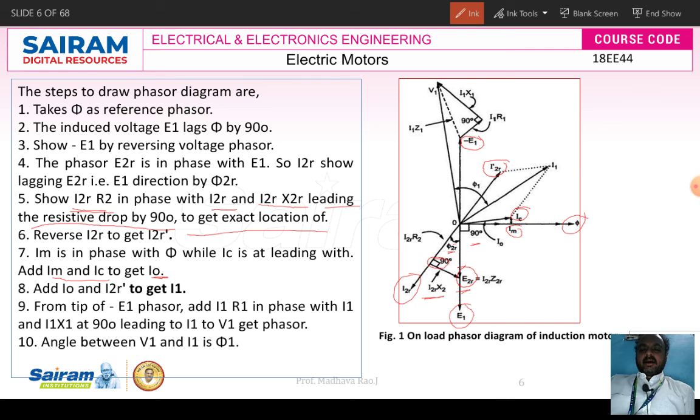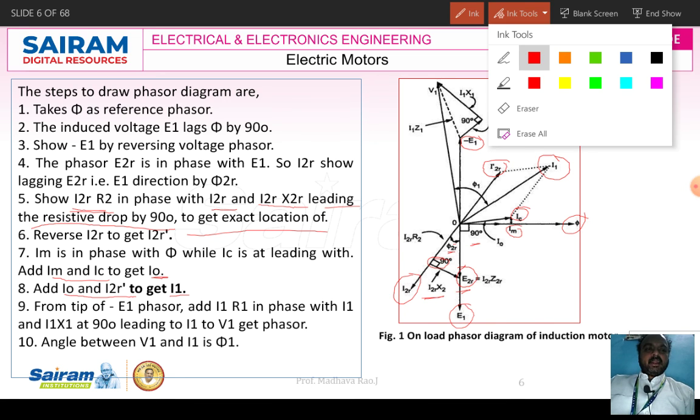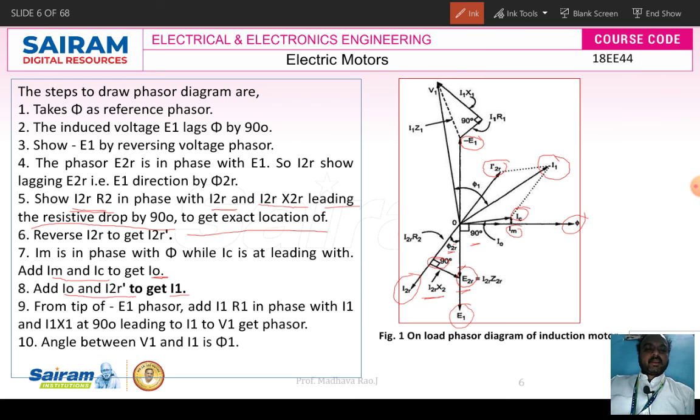And add I0 and I2R dash, and you will get I1 here.